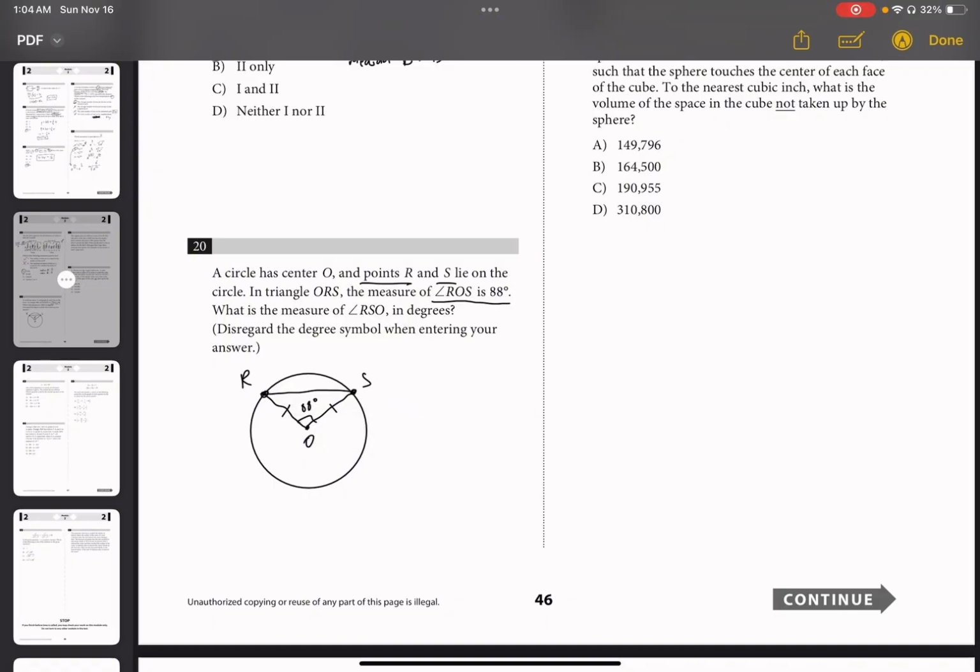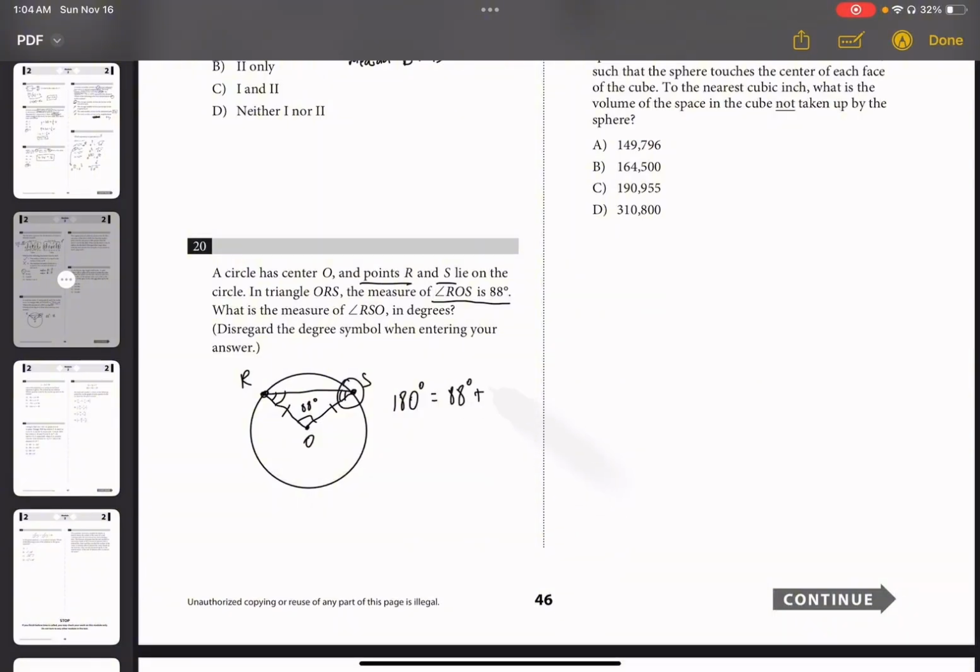So we know that these two side lengths are the same because they are both the radius, since it's going from the center to a point on the circle. That means that these two angles are going to be the same. So if we're looking for RSO, which is this angle right here, we can find that by using the degrees in a triangle, which is 180.